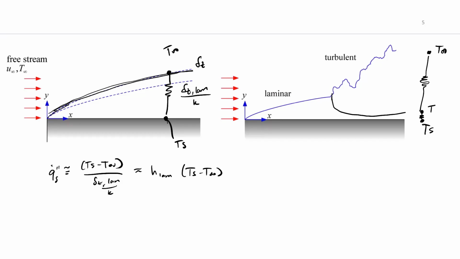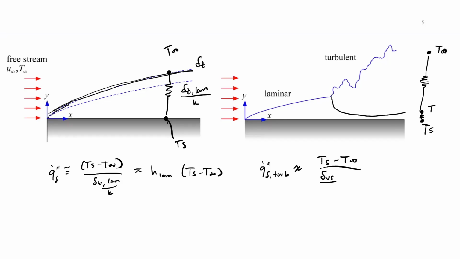So if we write out a rate equation for this, Q dot double prime S in the turbulent region is going to be approximately equal to Ts minus T infinity divided by the resistance here. Well, we have, again, two resistances in series. The first one is the viscous sublayer, delta Vs, divided by the conductivity. Which conductivity is this going to be?